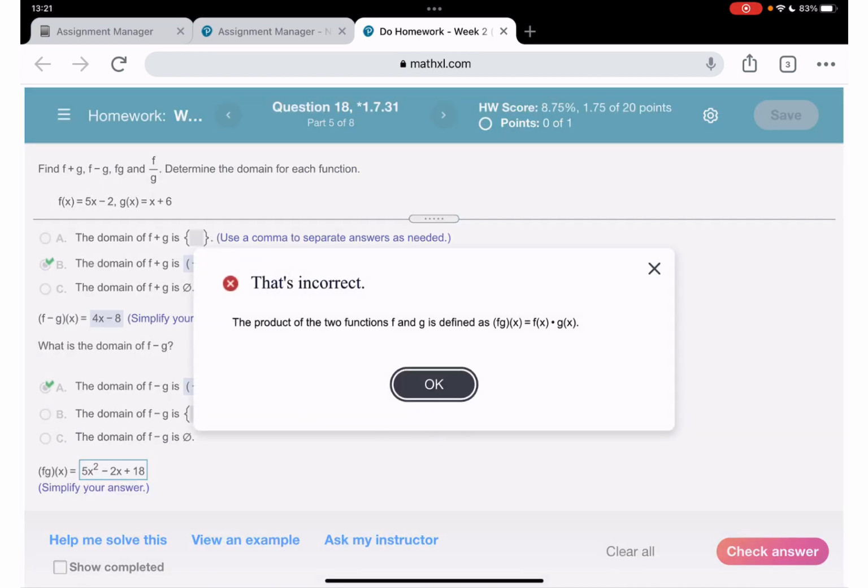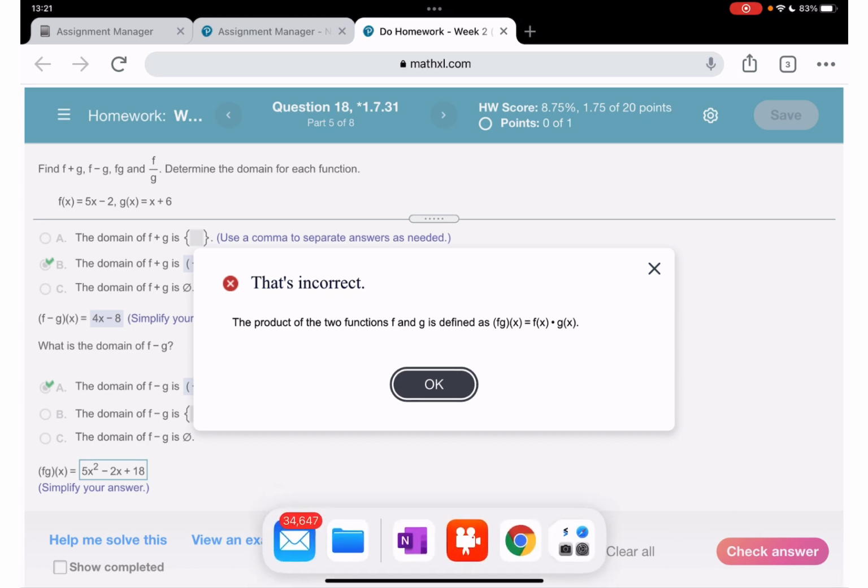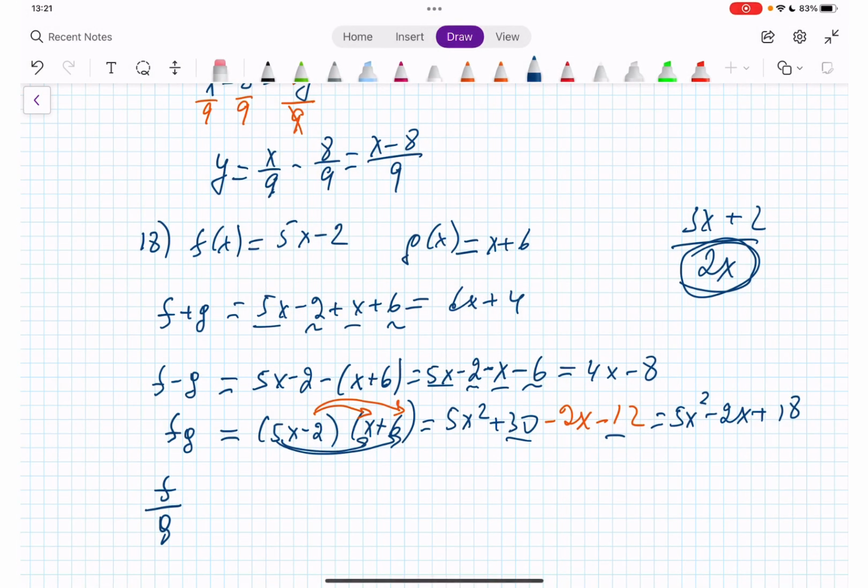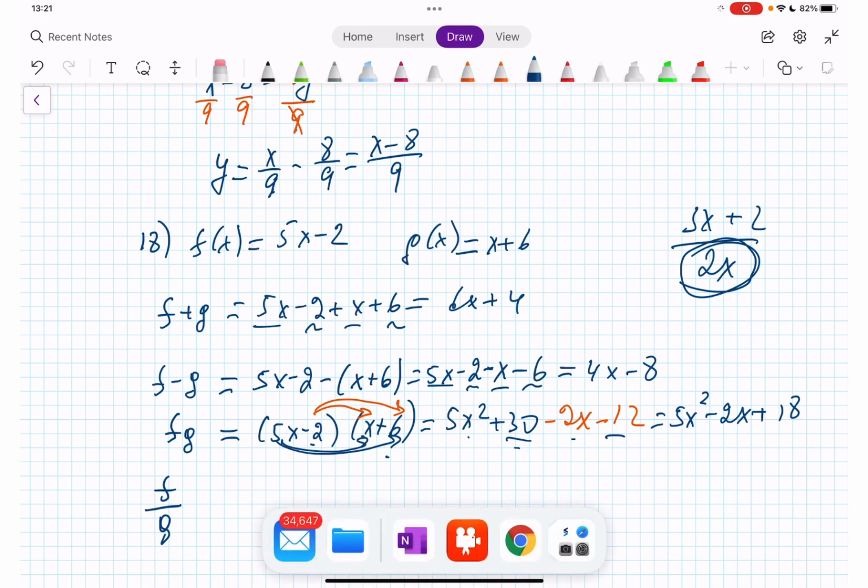Did I write it down correctly? 5x times x, 5x squared. Let's check it. 5x times 6 is 30. Negative 2x and negative 12.